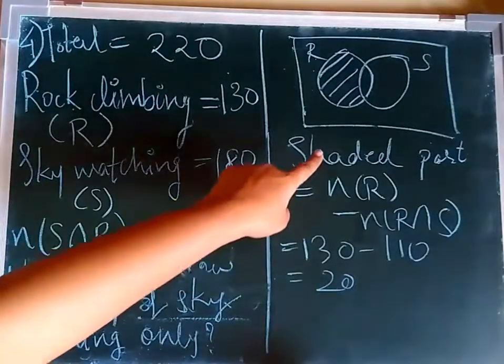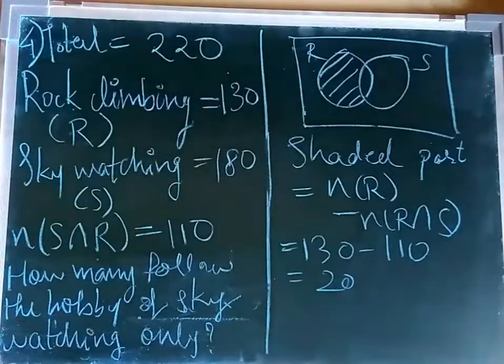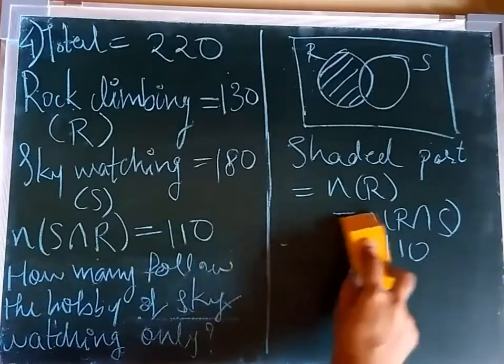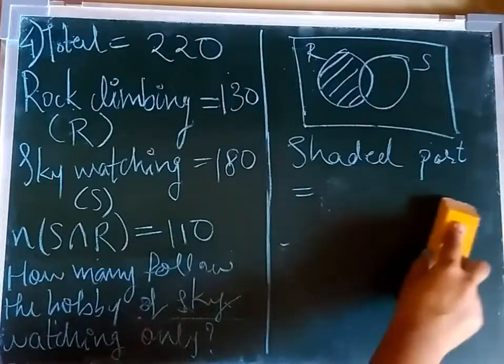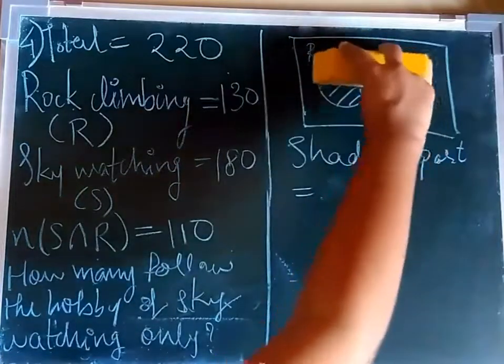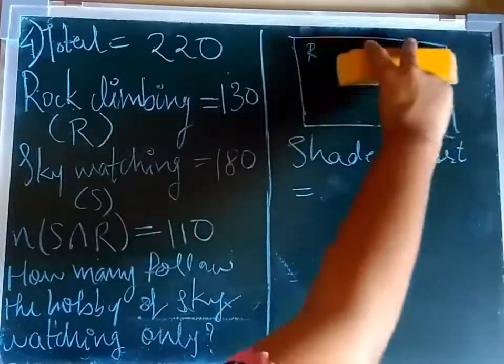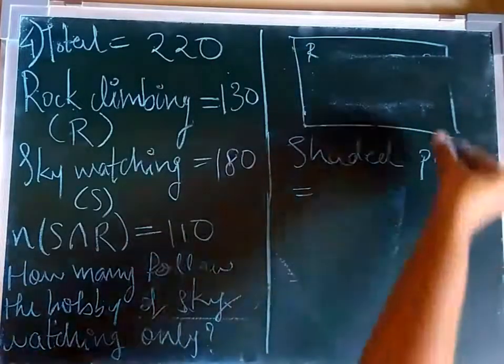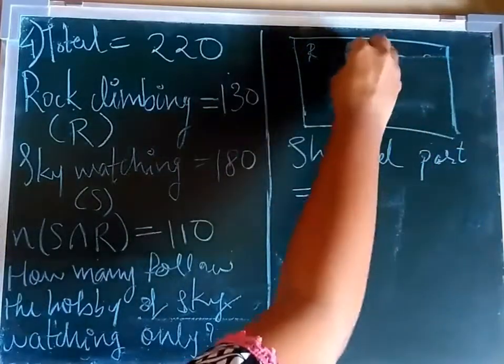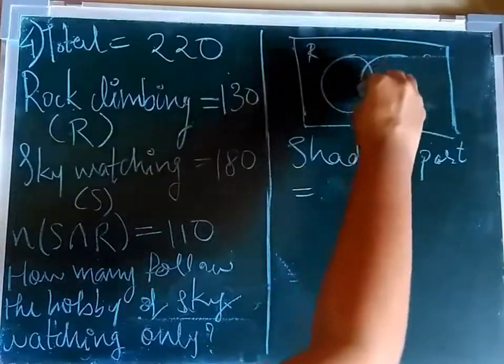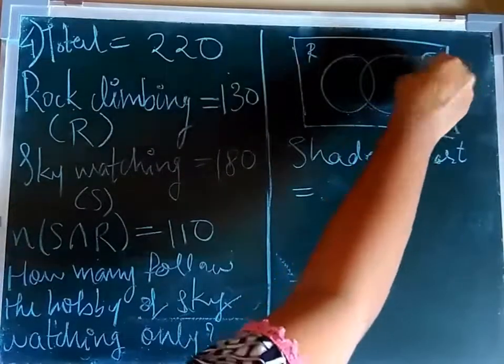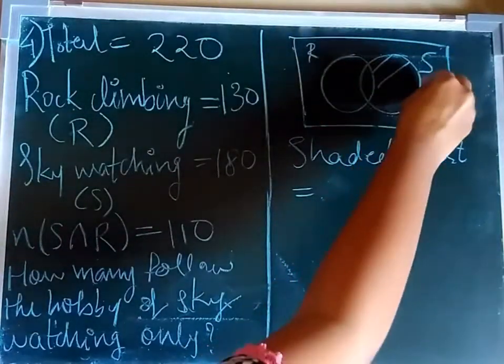Here what will be the change? Here we wanted the shaded part from R. Similarly now we will want the shaded part from S. So this was S. So we need to find this part.